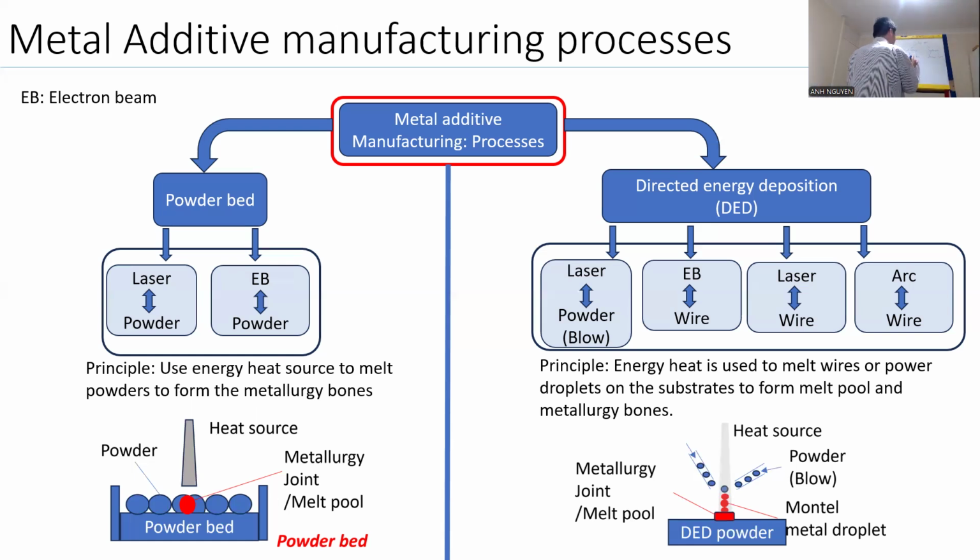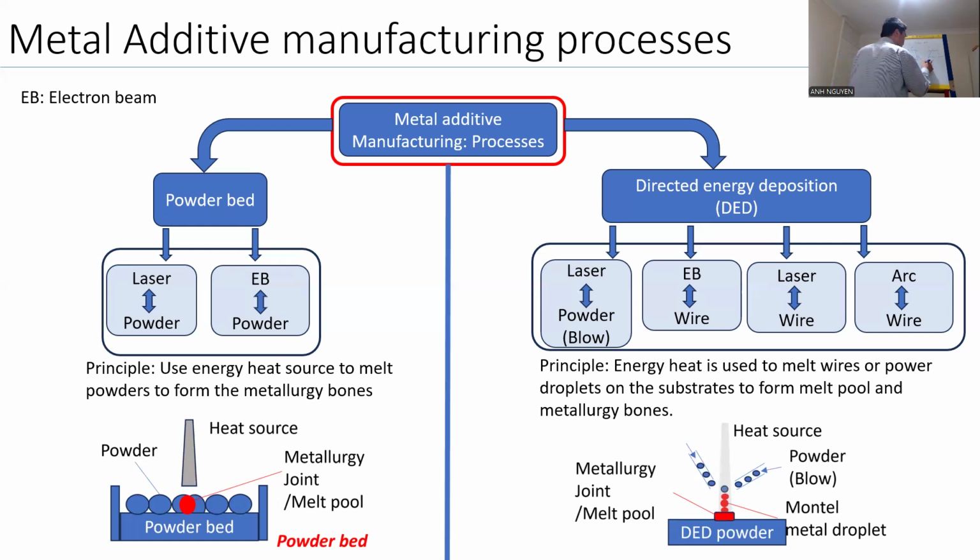In powder bed, we have laser with powder, and second, electron beam with powder. So in total we have two kinds of powder bed.